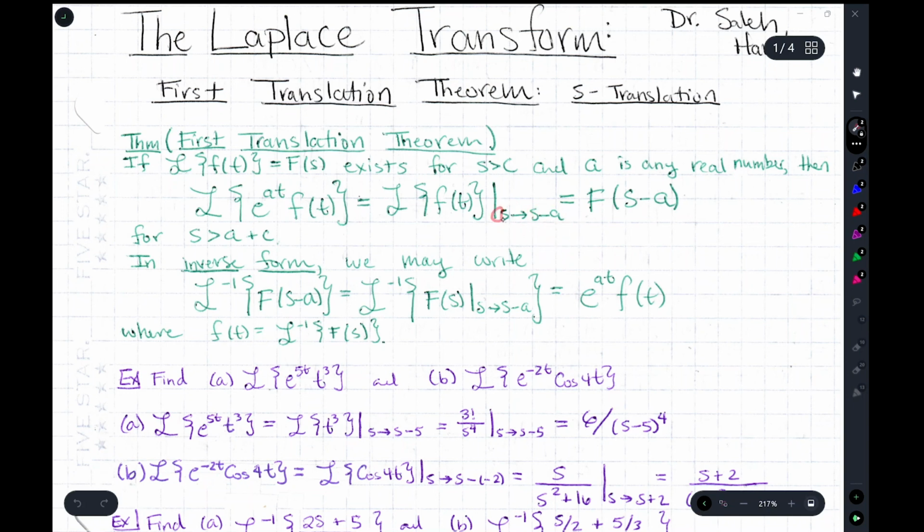Okay, so wherever you see s, you substitute s minus a. And so you get capital F of s minus a, where of course capital F of s is just the Laplace transform of f. So that's the effect.